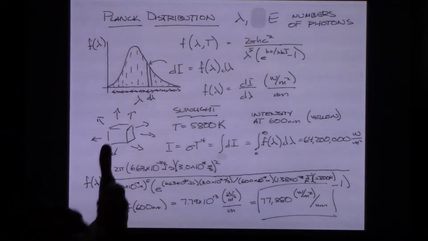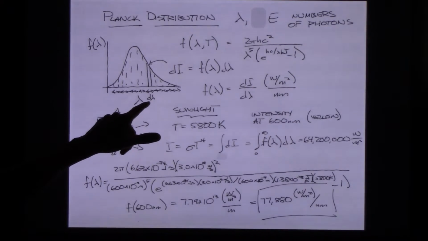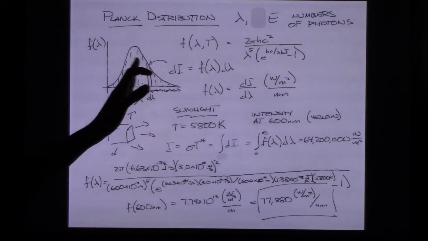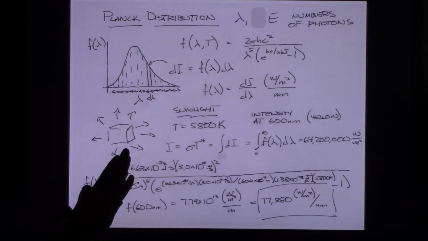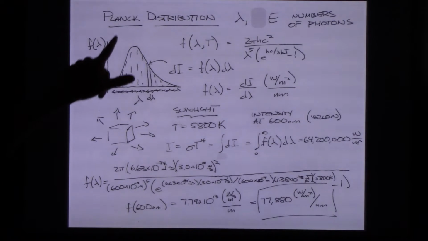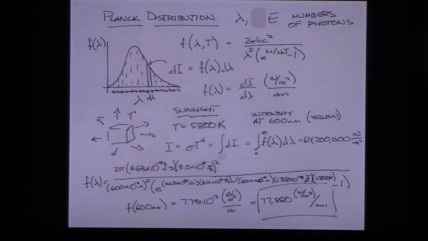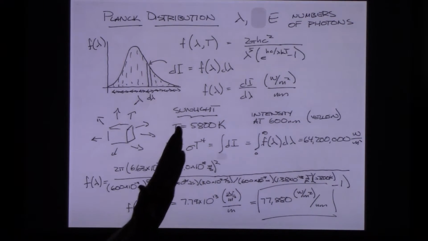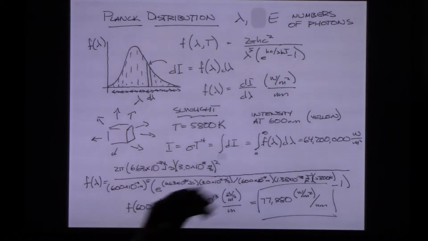If I assign these bins, these d lambdas, and set each one to be 1 nanometer, that's a good way of breaking up the function. 1 nanometer is a small enough width that conceptually I can follow that function without introducing much error if I think of it in terms of 1 nanometer wide bins.